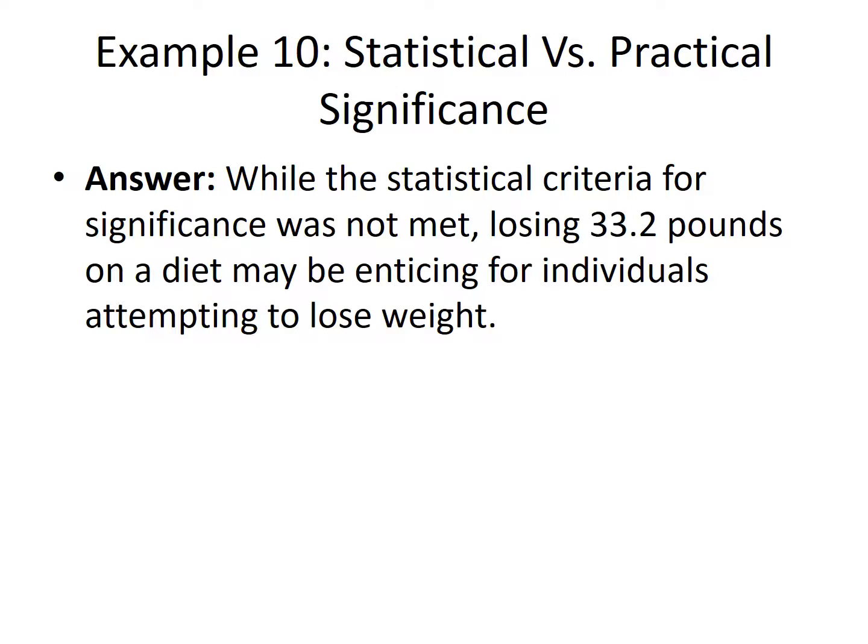While the statistical criteria for significance was not met, losing 33.2 pounds on a diet may be enticing for individuals attempting to lose weight. And again, this is the statistical versus practical significance. In this case, we kind of reverse the roles. This was practically significant, but our mathematics and statistical analysis showed that it was not of statistical significance.